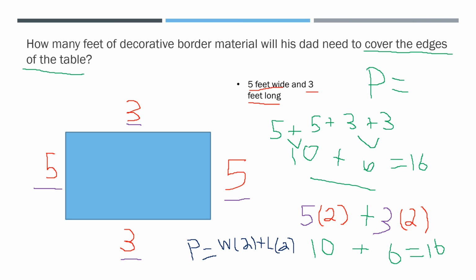That is another way to look at it other than our other way of looking at it, which is length plus width plus width. So after doing it the 2 different ways that we can to find perimeter, we now know that it is 16. So Jerry's dad will need 16 feet of decorative border material to cover the edges of the table.